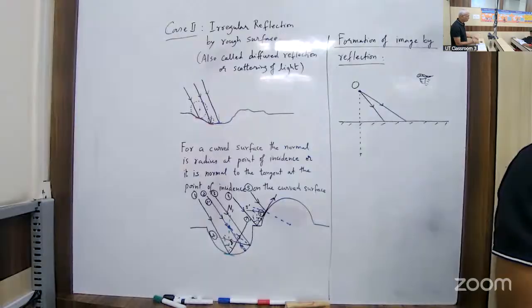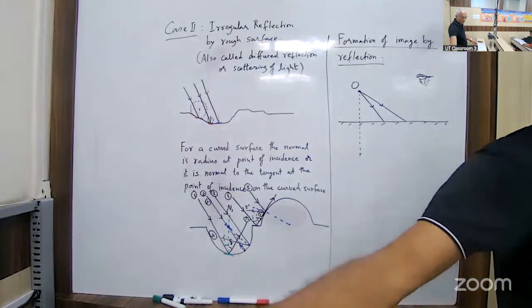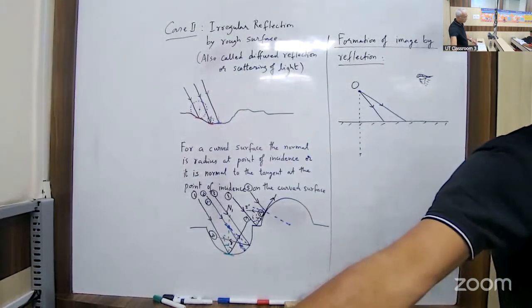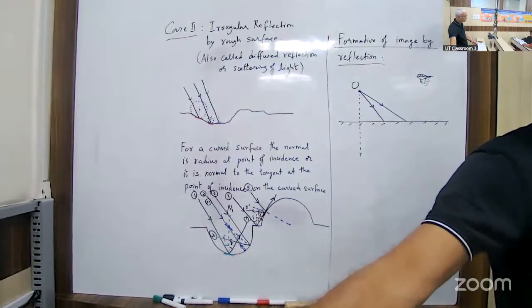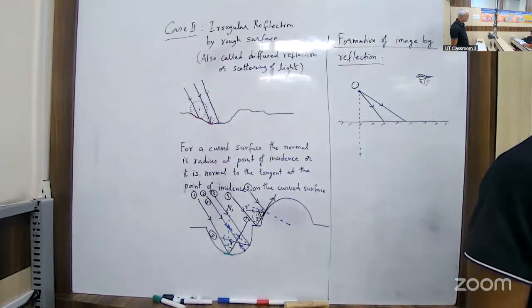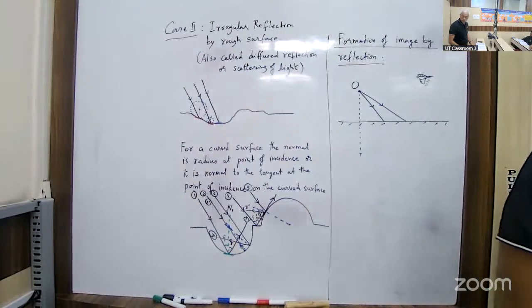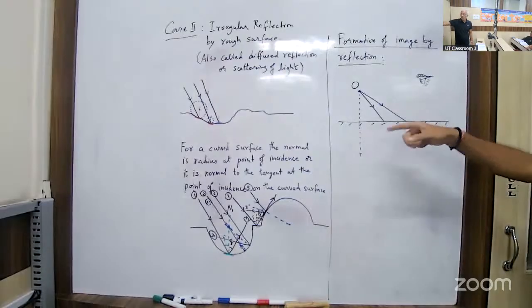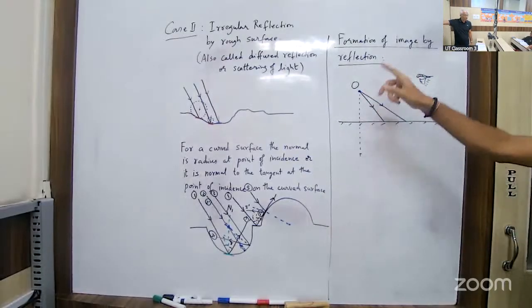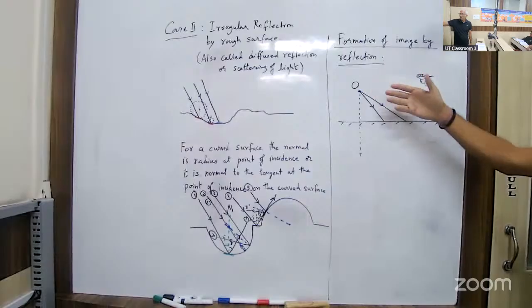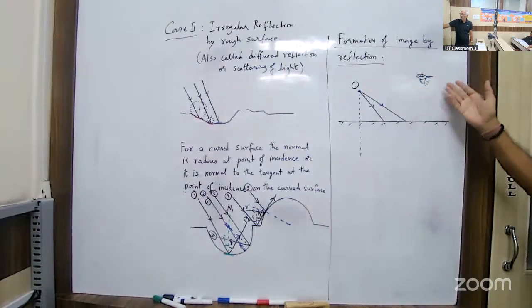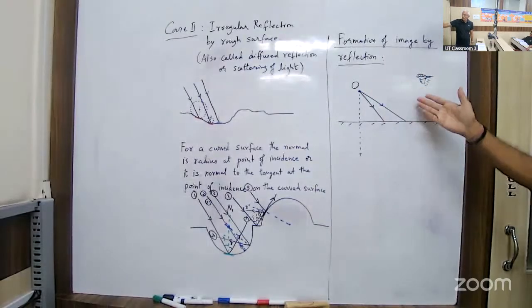Let's say this is a flower vase and I am standing here. Will I see the image of the flower vase from here? Yes, I will. So it is this situation. I'm not observing myself. This is some object and I'm observing from somewhere else. So where will I see the image?